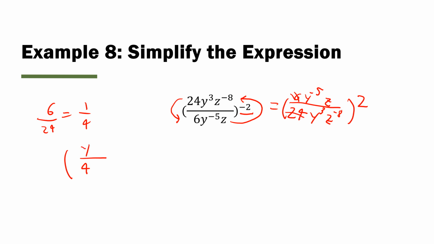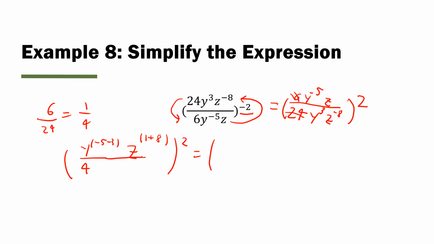So this is y to the power of -5 minus 3. And we have z to the power of 1 divided by z to the power of -8. So this becomes z to the power of 1 minus a -8, which is the same as adding 8, also raised to the power of 2.